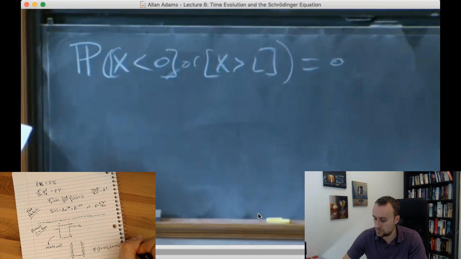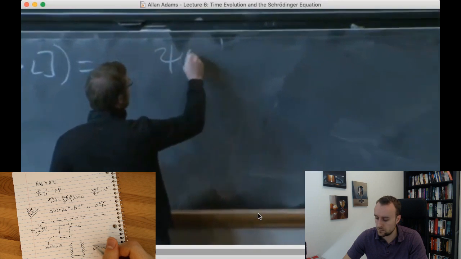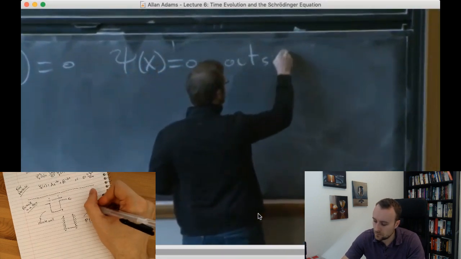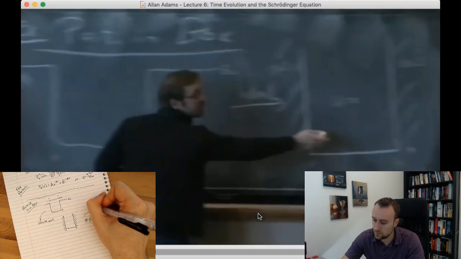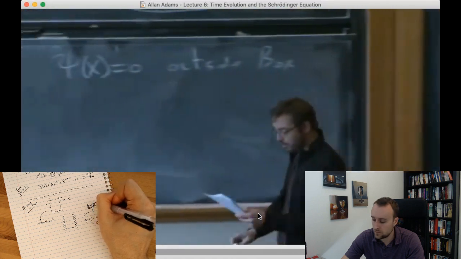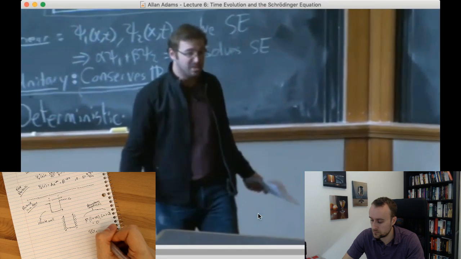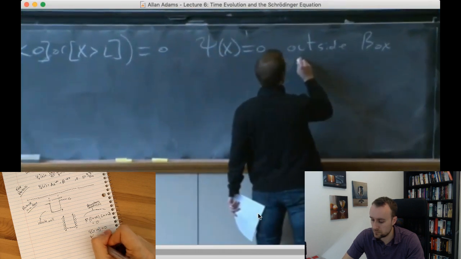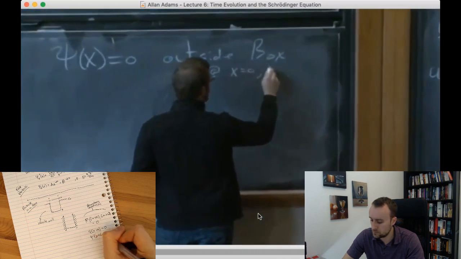So this tells us effectively a boundary condition: psi of x is equal to 0 outside the box. So all we have to do is figure out what the wave function is inside the box between 0 and L. Meanwhile, what must be true of the wave function at 0 and at L? It's got to vanish at the boundary. So this gives us boundary conditions outside the box and at the boundaries, x equals 0 and x equals L.